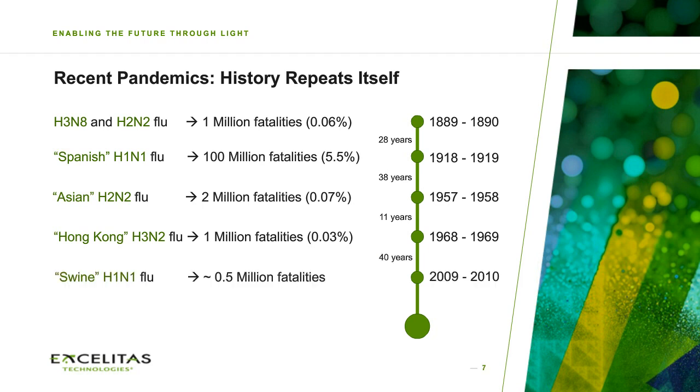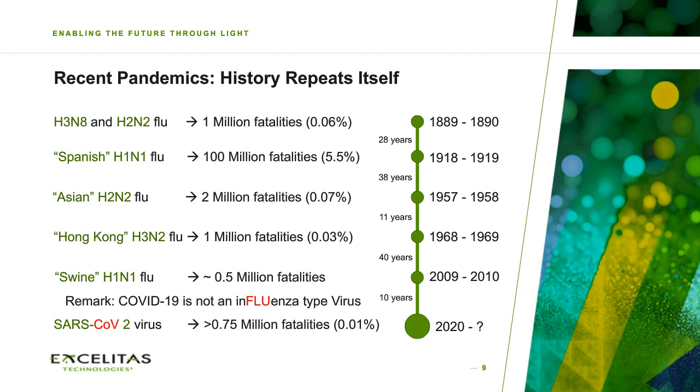Swine flu, not so bad 40 years later, but you can see that the severe ones were already quite some time ago. So the current disease, SARS-CoV-2 virus, has a fatality of 0.01% currently, so not really the biggest one, but we are still to go when looking at the recent pandemic. One remark, the COVID-19 disease is not an influenza type virus, so some conclusions might be a little bit different.